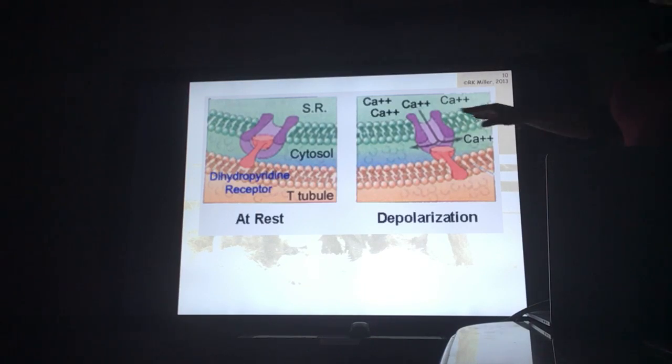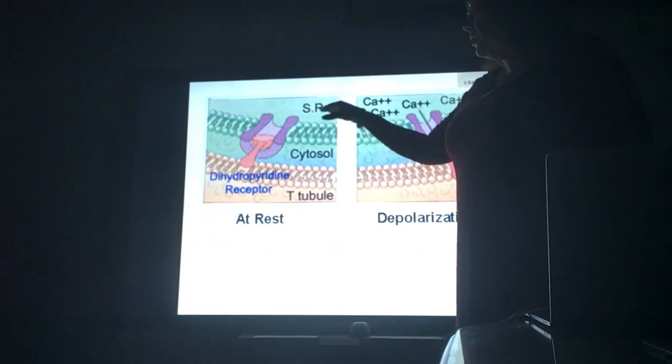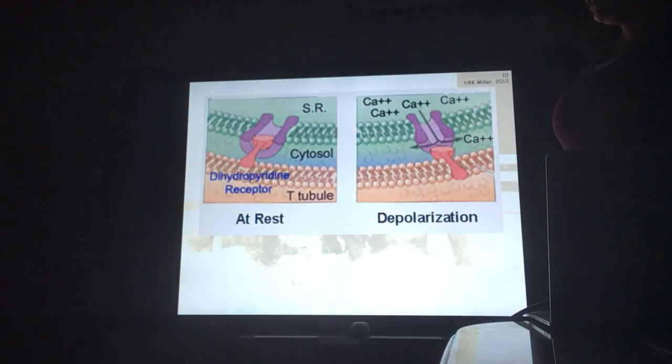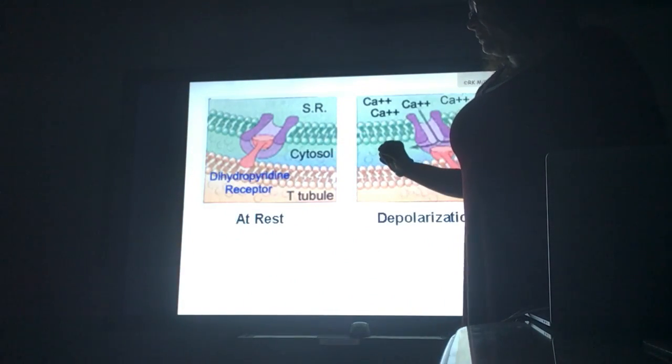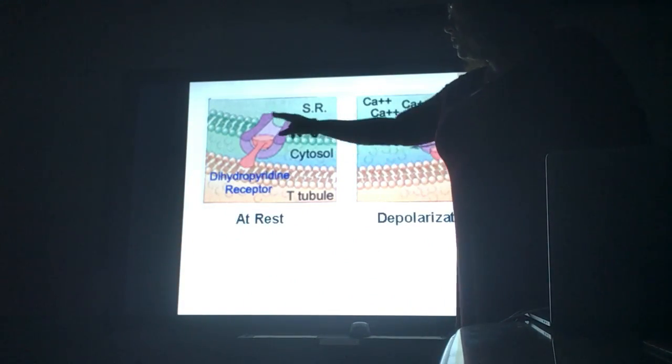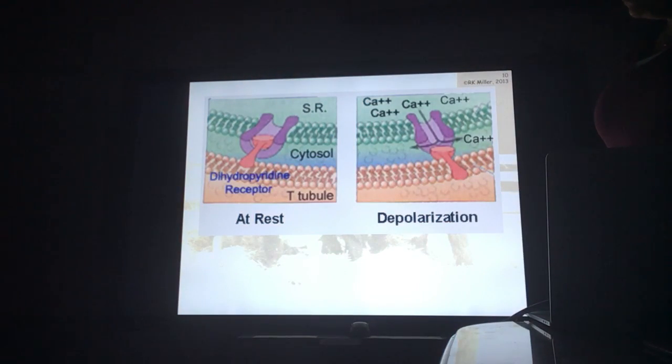This is showing the membrane of the terminal cisternae or sarcoplasmic reticulum. That's what SR stands for. Here's the cytosol or sarcoplasm, and this shows a receptor that's plugged up.